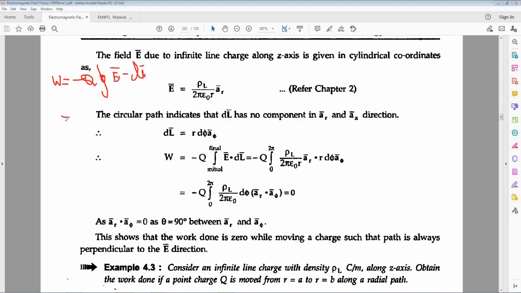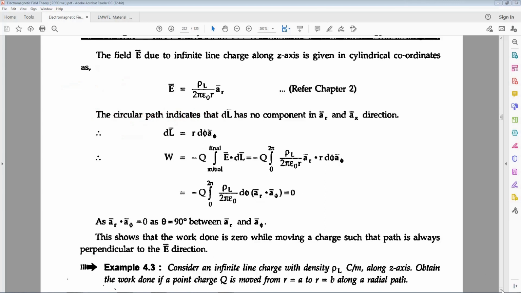The minus Q, the integral of E, rho L by the 2 pi epsilon naught R into AR bar, and the dl bar we are taking as R into d phi a phi bar. So the dot product of AR and a phi is nothing but 0. This shows that work done is 0 while moving a charge such that the path is always perpendicular to the E bar direction. Okay, my dear friends.